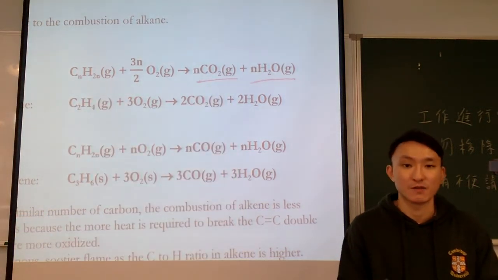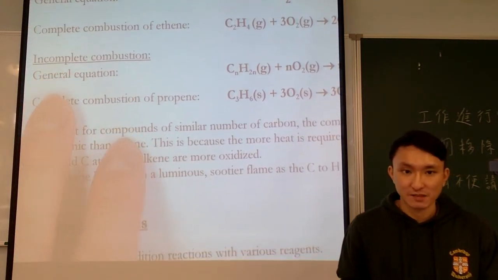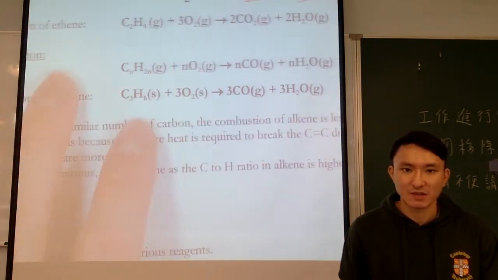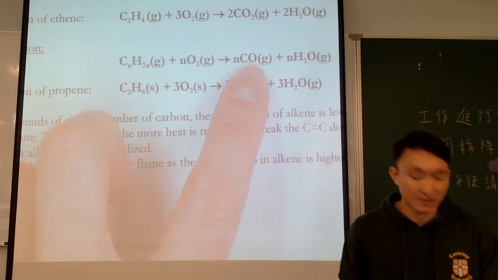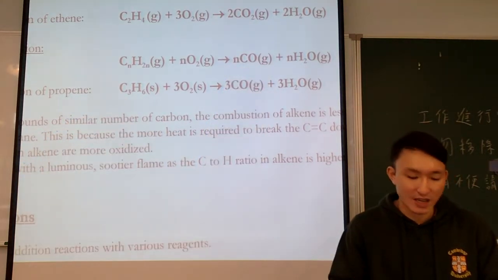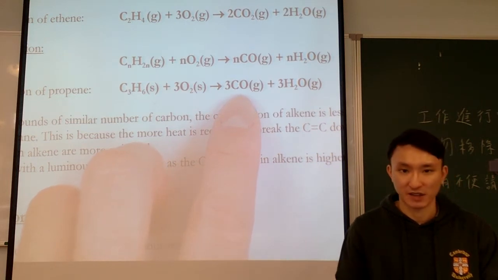But of course, if you can memorize it, it could be an advantage. For incomplete combustion, with insufficient oxygen supply, it will give carbon monoxide instead of carbon dioxide. It could also give you carbon, but usually we state carbon monoxide as the major product in this case.